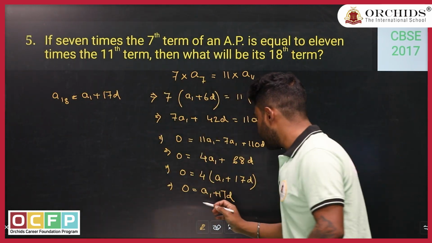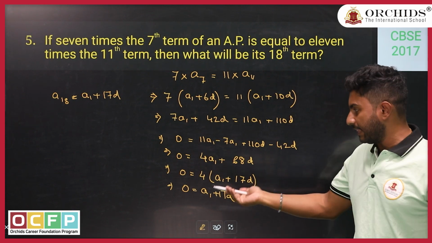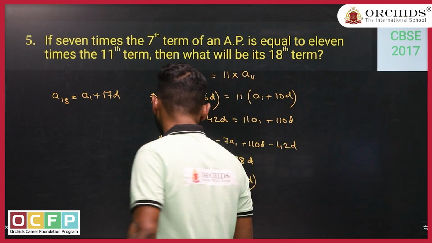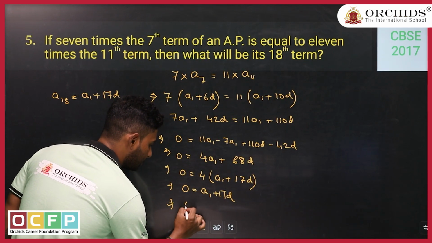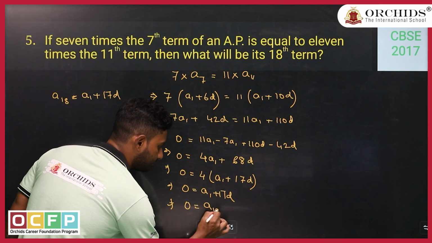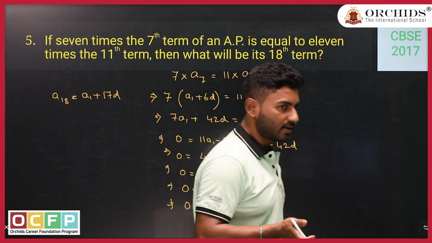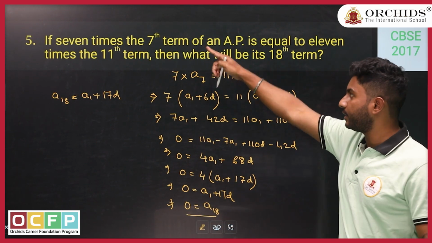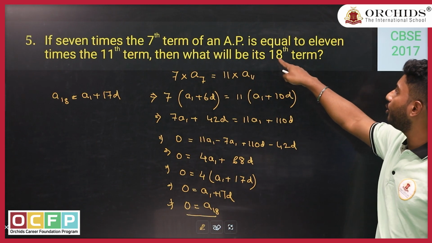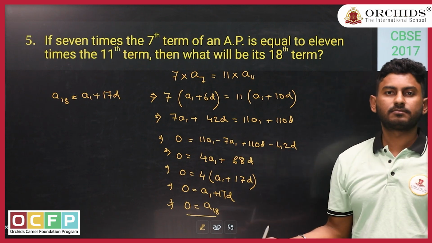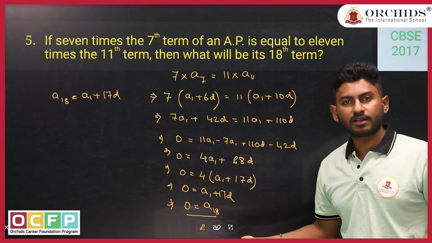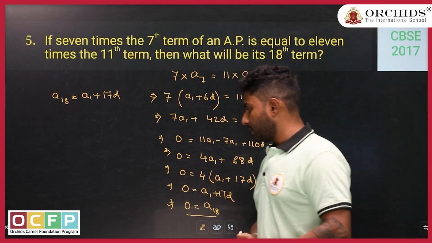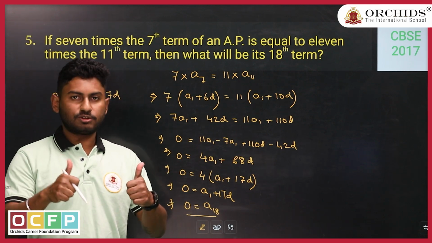So can I write 0 equal to A18? So that means the 18th term is 0. What they asked? They asked what will be its 18th term. From nowhere we got it. Fine, we are done. Okay, those who have done, good job.